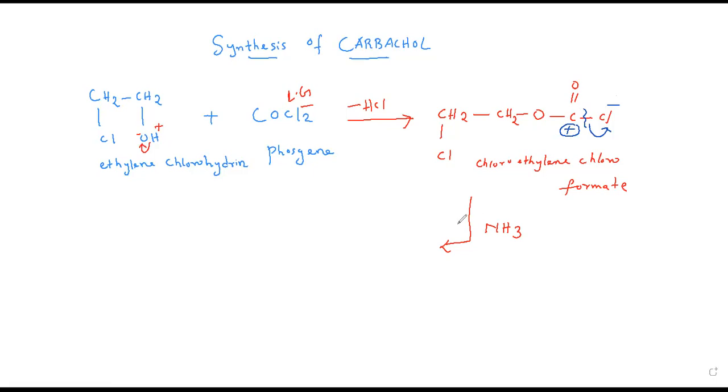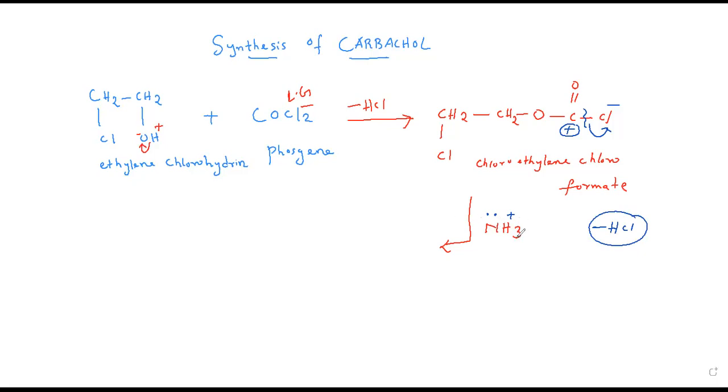Here nitrogen has one lone pair of electrons. When you compare the electronegativity of nitrogen and hydrogen, hydrogen gets a positive charge. One of the hydrogen atoms from ammonia reacts with the negatively charged chlorine, so once again HCl is removed as a byproduct.